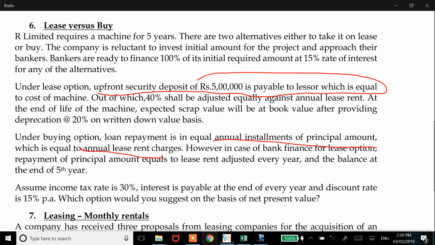Now see the wordings. It said bankers are ready to finance. Under buying option, loan repayment is an equal annual installment of principal amount. If they just say equal annual installment, then it's 5 lakh divided by PVAF(R, N). They said equal annual installment of principal, which means equal principal.